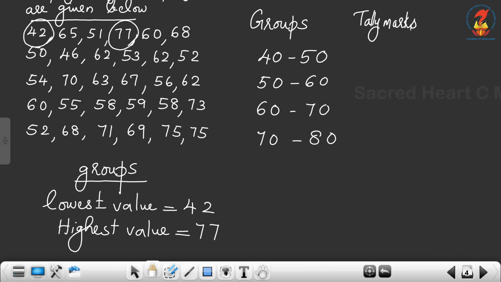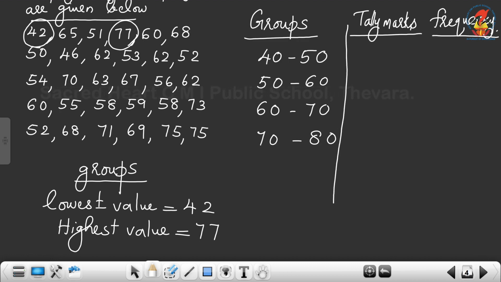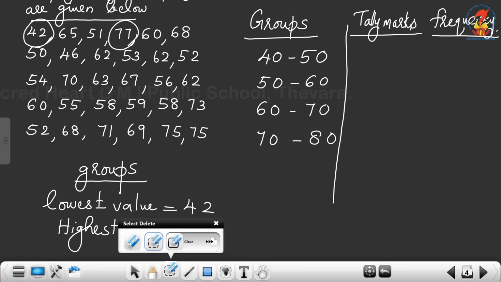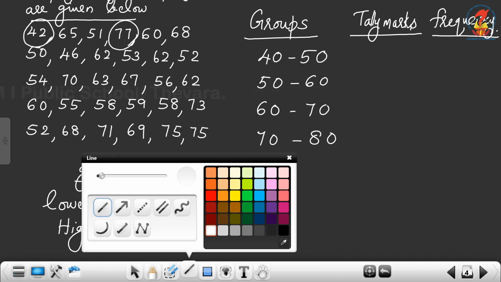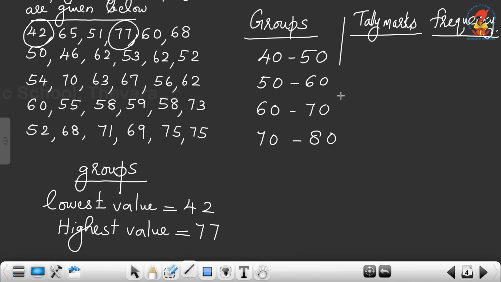Therefore, that will give the frequency. Now we have to enter the data.